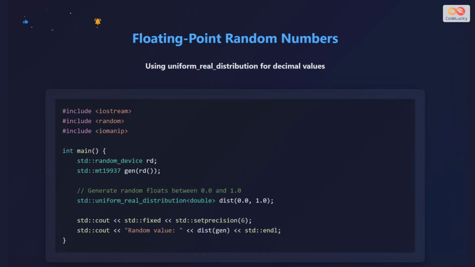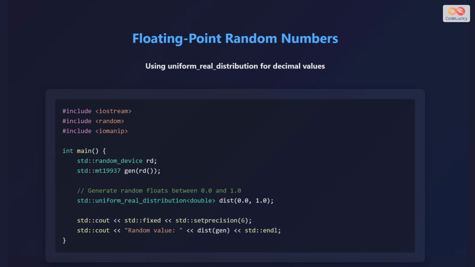Now let's see how to generate floating point random numbers using uniform real distribution. Include iostream, random, and iomanip headers. The iomanip header is for setting the precision of floating point numbers. Create a random device and use it to seed a Mersenne Twister engine.